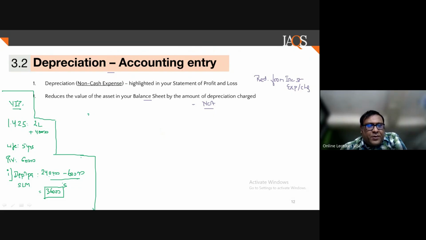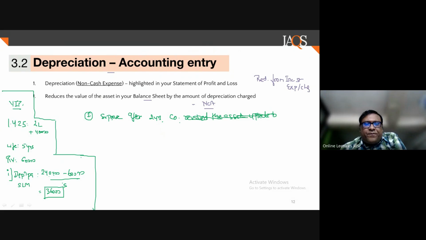Now, example 2, extending. Suppose after 2 years the company revalued the asset. Let's keep it simple.